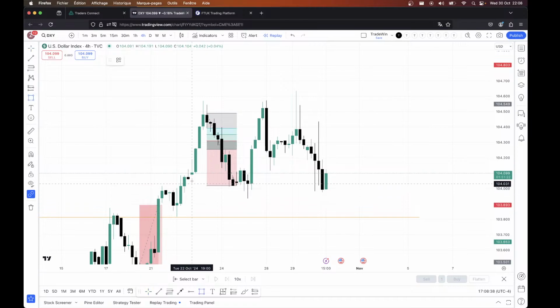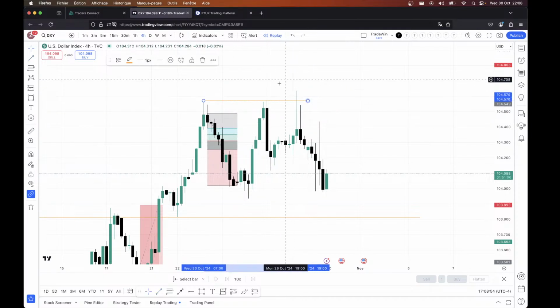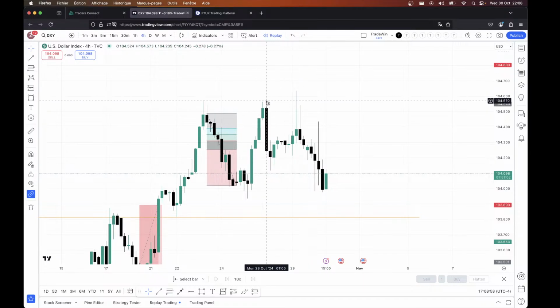You see that we seem to be reacting from somewhere here, but I'm expecting to go higher, to make a new high. And here we barely make a new high, depending on the CFD or the index you're looking at. We don't make a new high, maybe enough of a sweep of liquidity, but that's all.